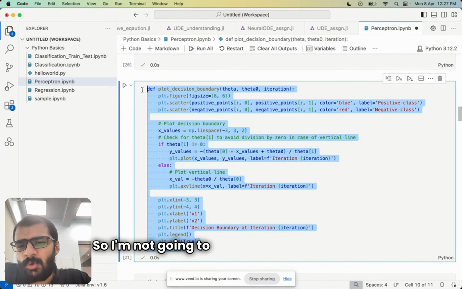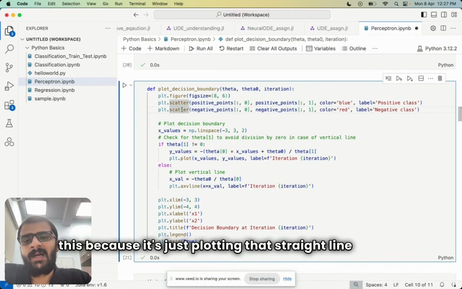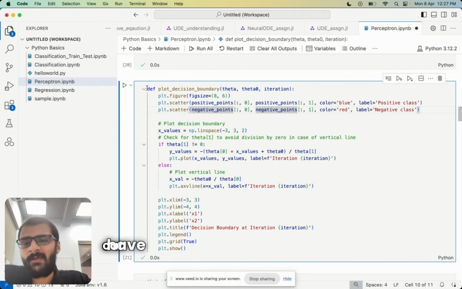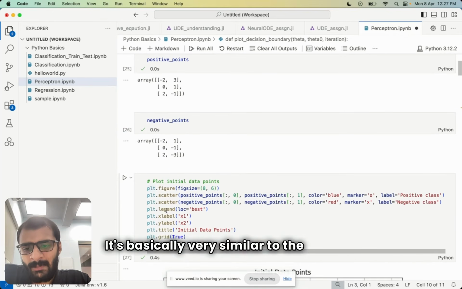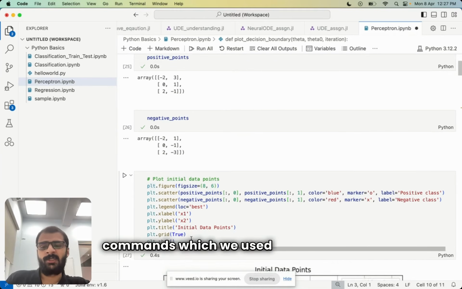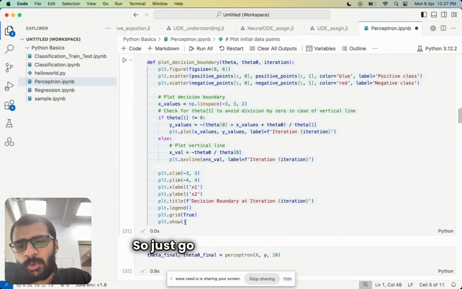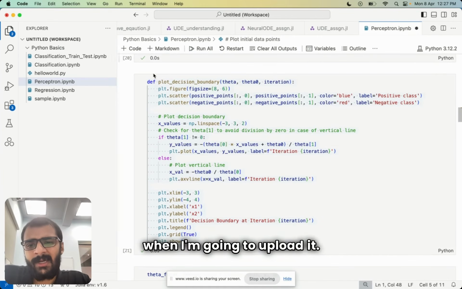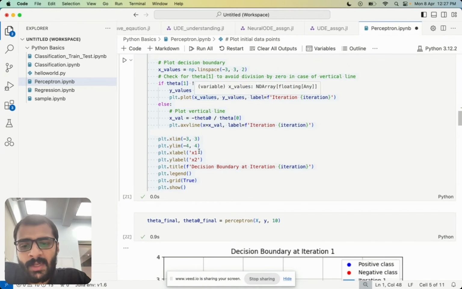So I'm not going to go through the details of this because it's just plotting that straight line. But you can have a look at this plotting function. It's basically very similar to the plotting commands which we used here, such as scatter, x label, y label, etc. So just go through the code file when I'm going to upload it. But this is just a decision boundary which we plot after every iteration.